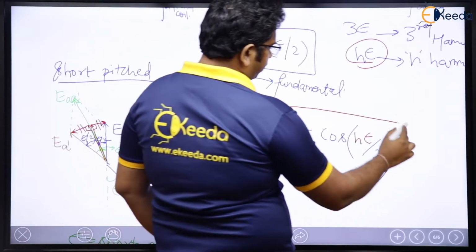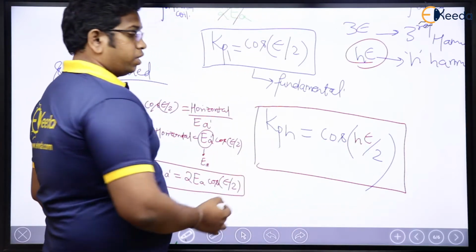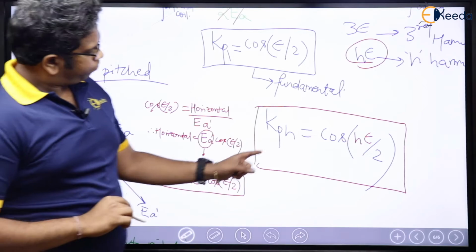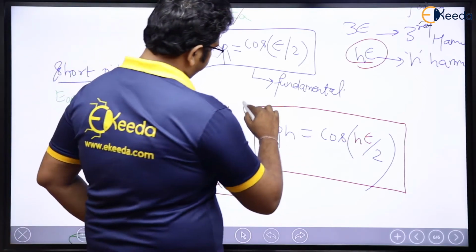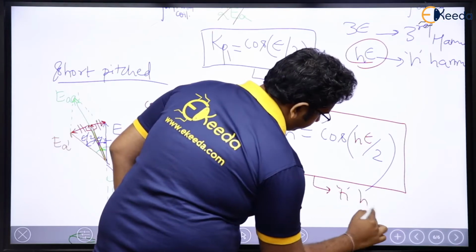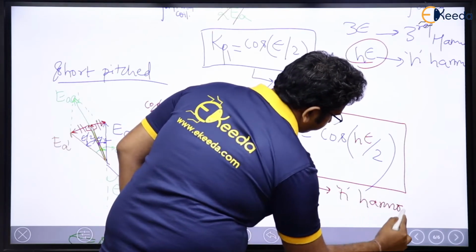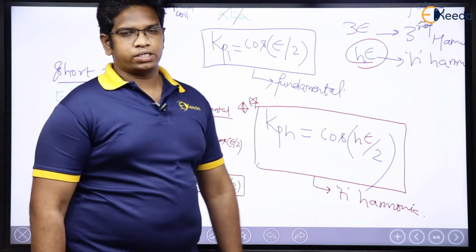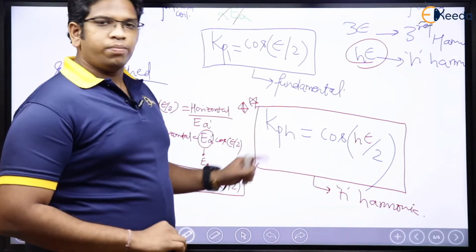By the way, all these angles have to be electrical; epsilon has to be electrical only. Now see here, this is a very beautiful formula. This is for harmonics: the pitch factor for H order harmonics.